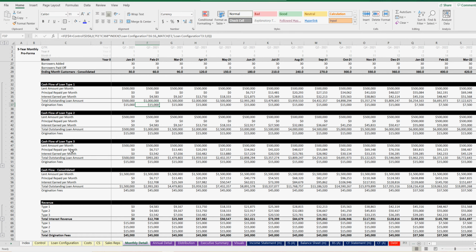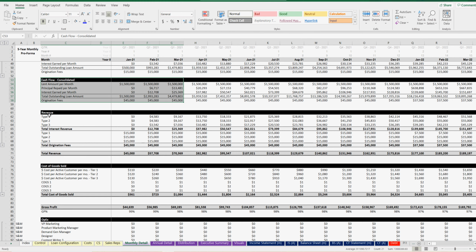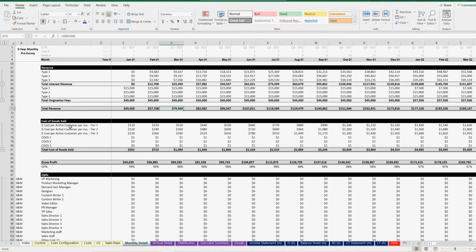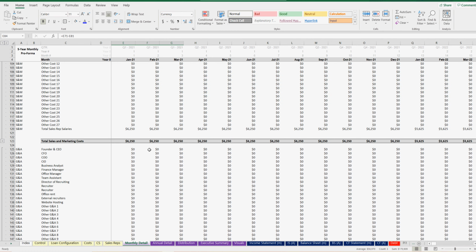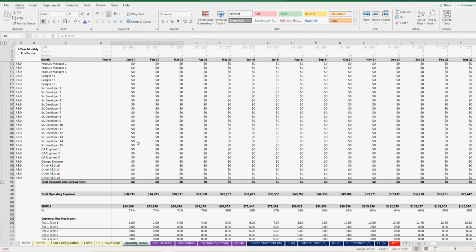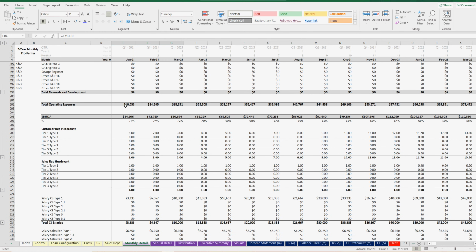And you can see that's for each type as well as on a consolidated basis. And then you've got type 1, 2, and 3 loan revenue. This is interest. Then this is origination fees, total revenue of all of that. You've got cost of goods sold, gross profit. Then you've got OpEx here of all the different types of cost categories, total OpEx.